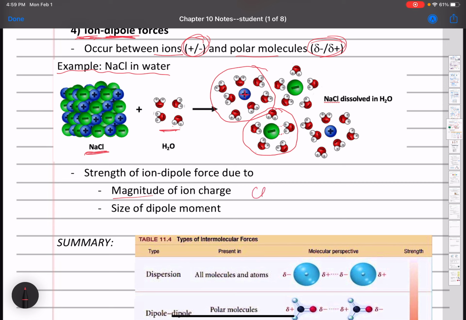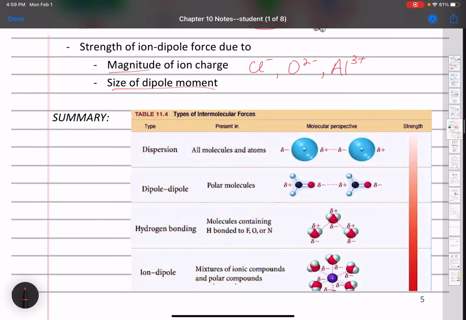So, chloride has a 1 negative charge, but oxygen has a 2 minus charge. All right, aluminum has a 3 plus charge. So the larger the magnitude, the number of the charge, the bigger the attraction will be. And then, of course, with the polar molecule, the larger the dipole moment, the greater the attraction will be. So those are all of the different types of attractive forces, the 4 different types.